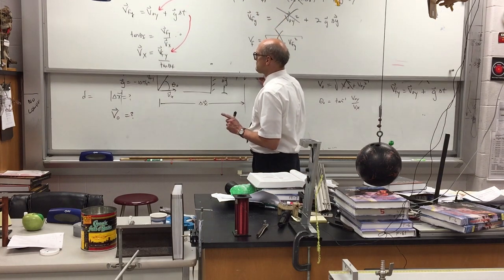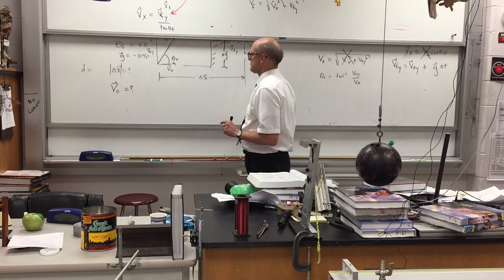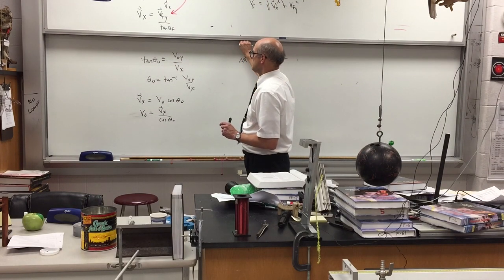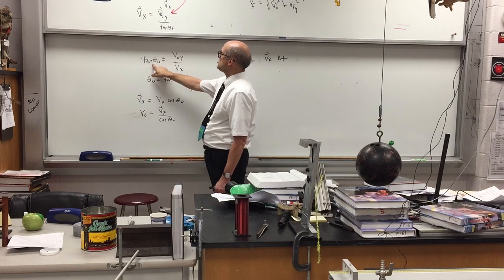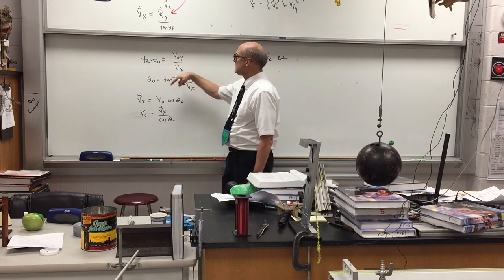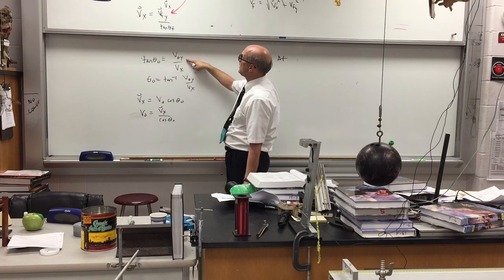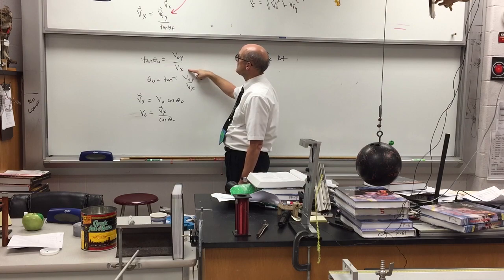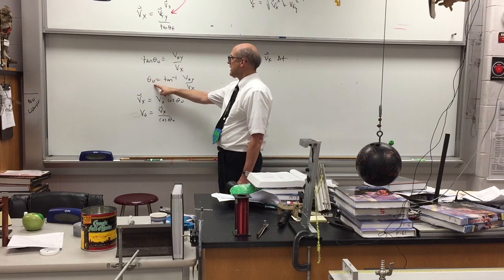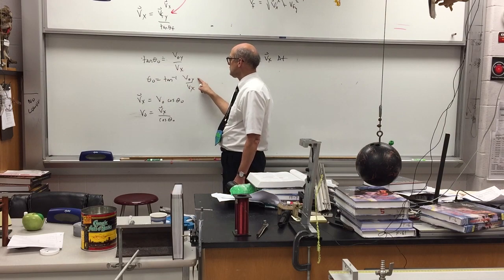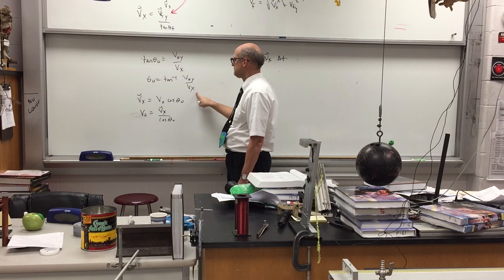Knowing that, we can also find tangent theta original. That's equal to VOY, which we know, over Vx, which we know now. Solving for the original angle, we get the arctan of VOY over Vx.